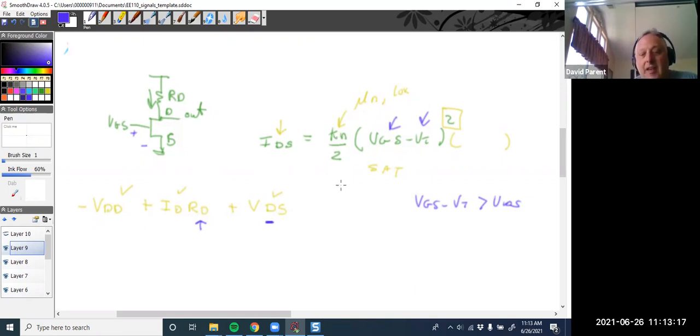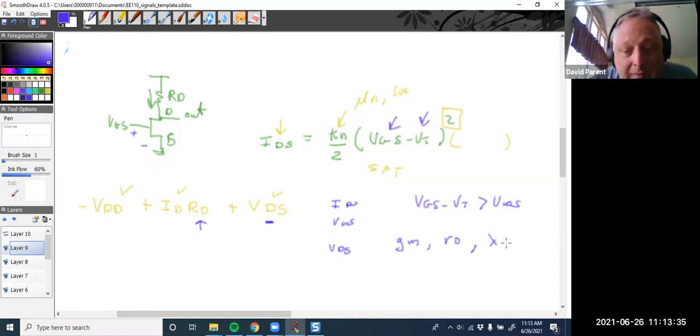But once you have that current, right, and you have that VGS and you have that VDS, you can get these small signal parameters, which I'll talk about in a second, GM and RO, and there's a, which is kind of equivalent to lambda as well. All right. So I'm not going to go through an example here, but you would be given these parameters like what's VT, KN, things like that. And then you would just either design RD, or if RD is given, right, you just make sure that VDS is right.